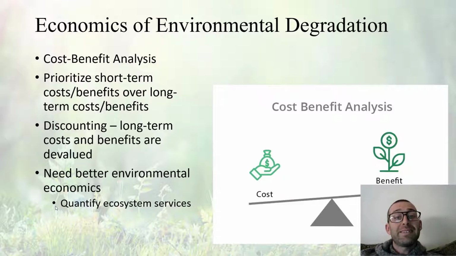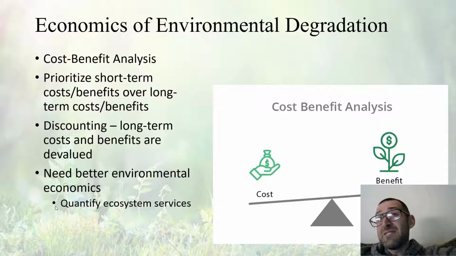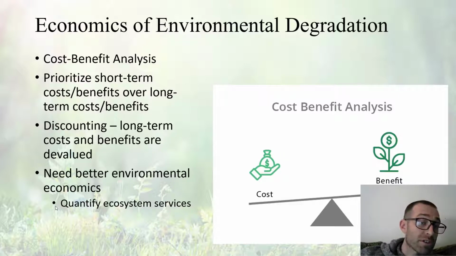But what is a factor of cost benefit analyses is that oftentimes the short term costs or benefits take priority over long term costs or benefits, right? As humans, we tend to give more value to things that are going to happen immediately than things that are going to happen over the long term, right? And we've actually formalized this in cost benefit analysis in something called discounting, right? So the long-term costs or the long-term benefits are devalued compared to the short-term costs.